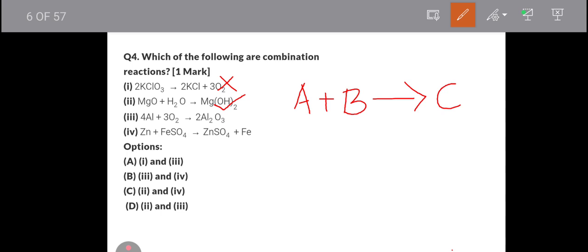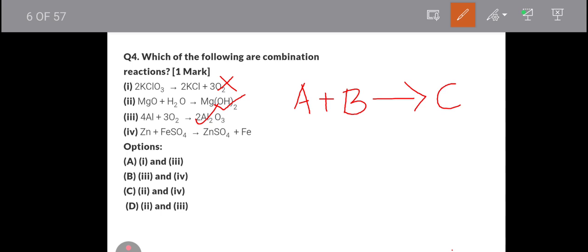Now, in the third equation also, aluminium is combining with oxygen and forming aluminium oxide. So here also two reactants combine to form a single product, so it can be called a combination reaction.